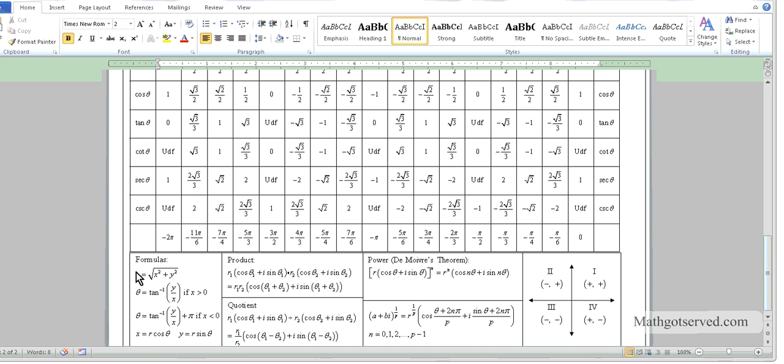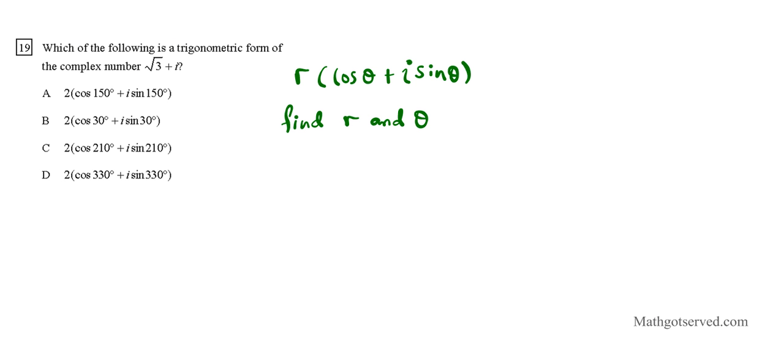So we're going to be using the first set of formulas. Now to find r, we're going to be using the Pythagorean theorem. First, we need to find x and y, because r, from the formula, is basically the square root of x squared plus y squared.